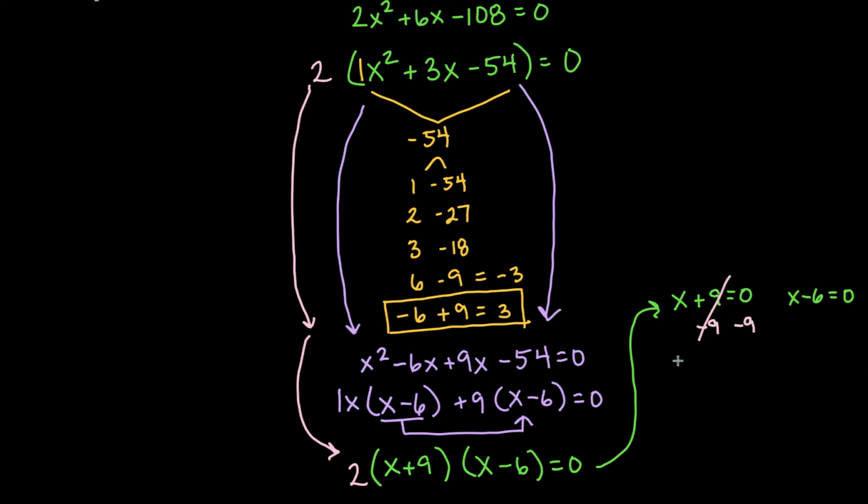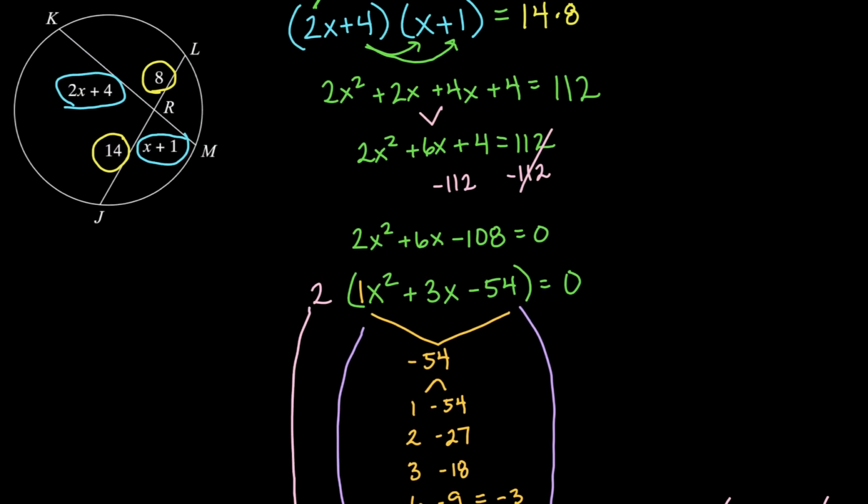I get x equals negative 9. And over here, after I add 6 to both sides, I get x equals 6. So we have 2 solutions for x.